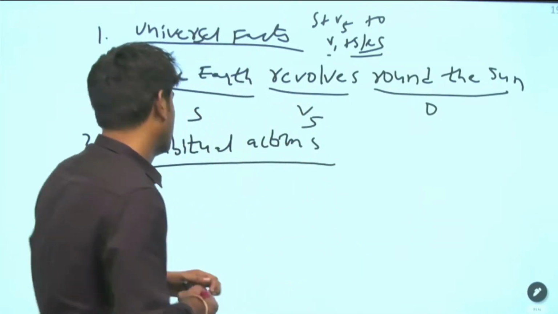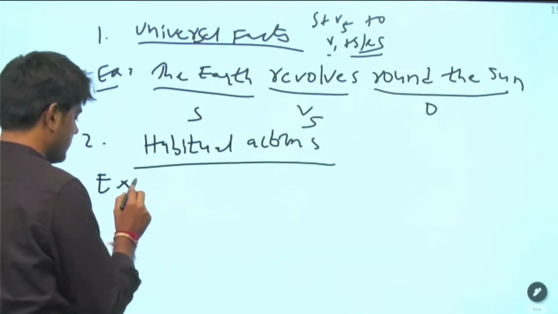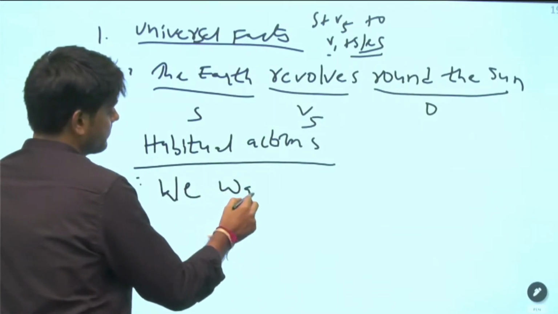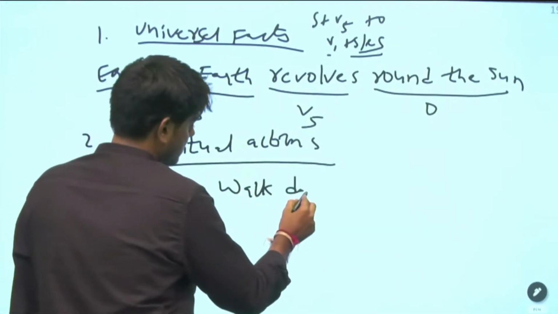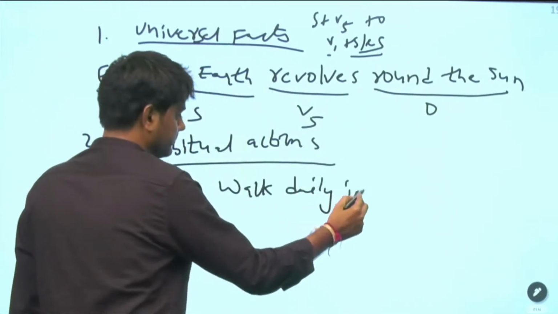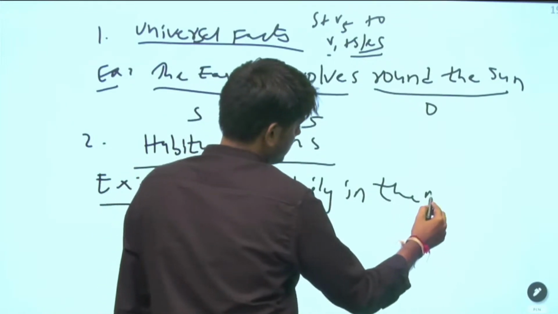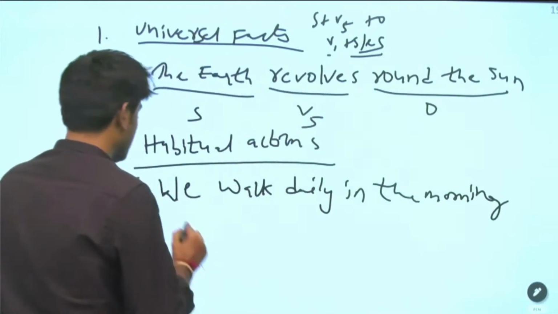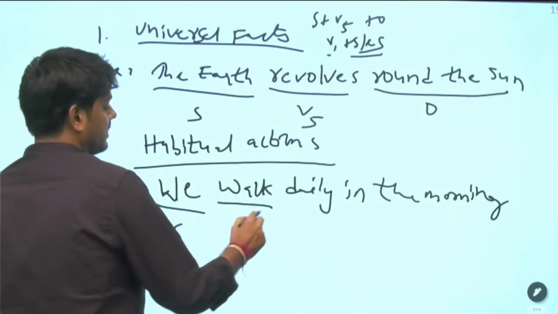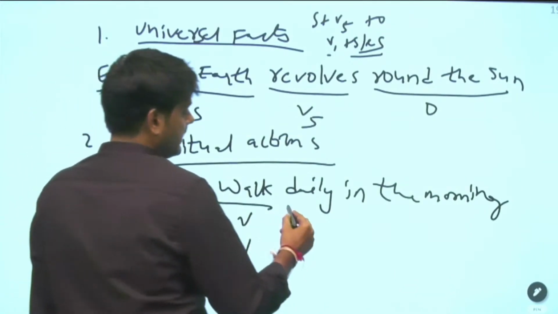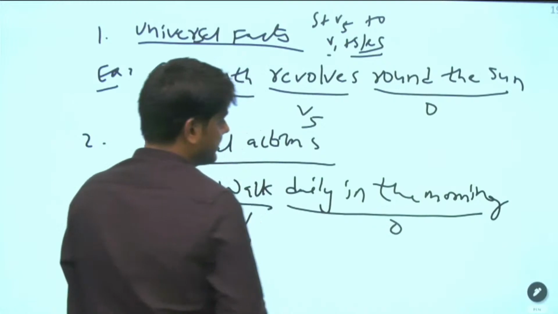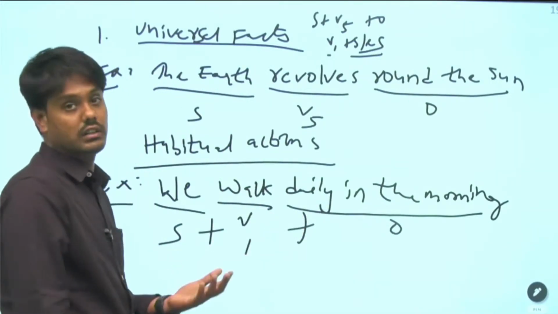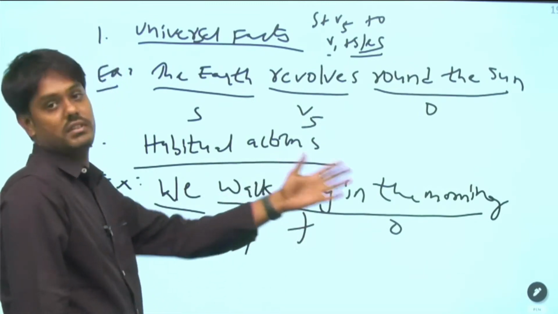For example, we walk daily in the morning. We is a subject, walk is V1, and daily in the morning is object. If you take the structure of simple present tense, it is subject plus V1 plus object.